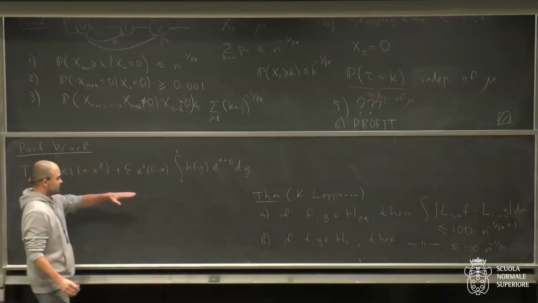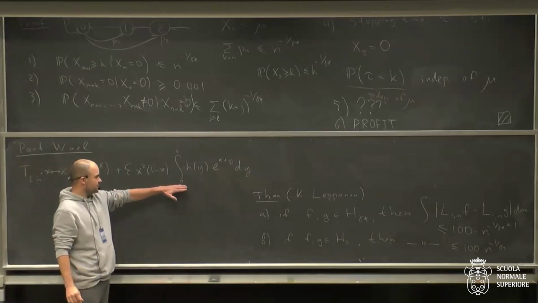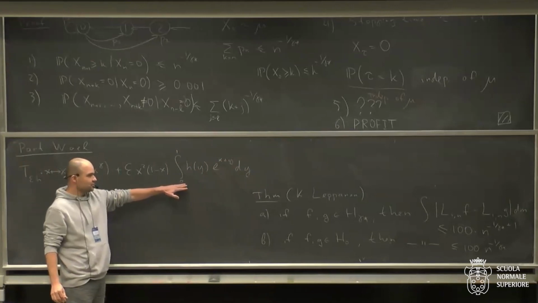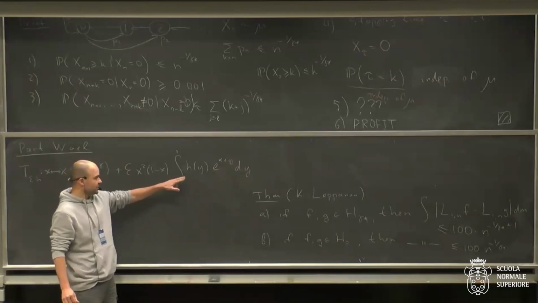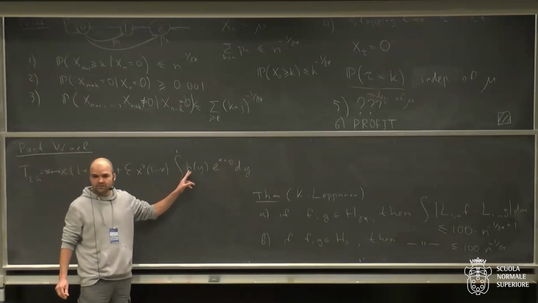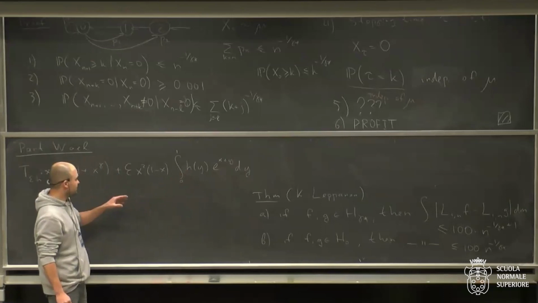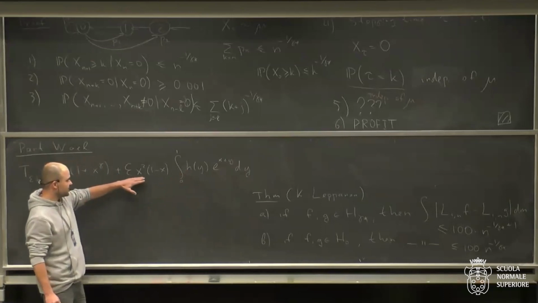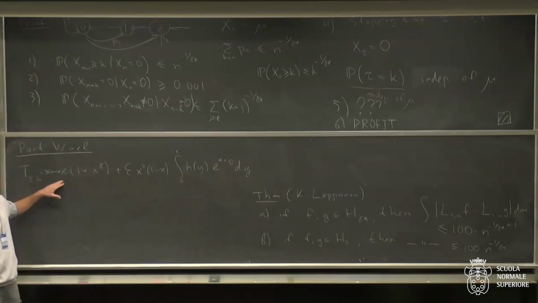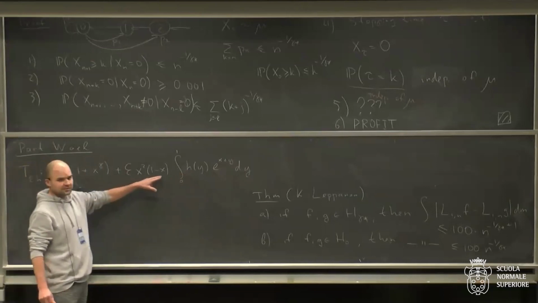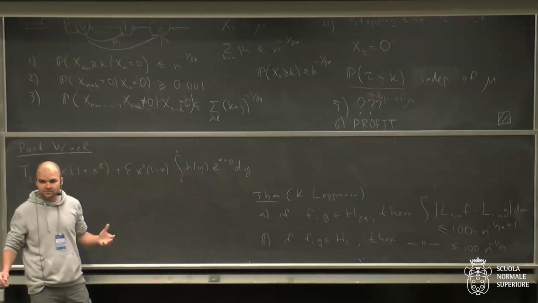It's something which is smooth and changes smoothly when h changes in L1. And also at 0, it's about x squared. So it doesn't destroy the intermittent character of the map. And at 1, it's 0, so it doesn't destroy the Markov structure.